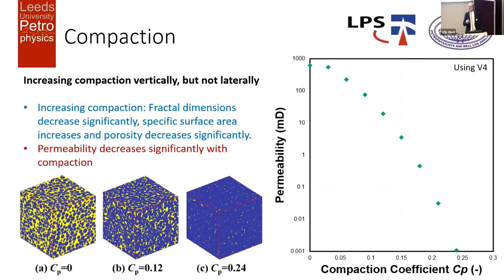So compaction matters. That matters more than sorting. So if your original depositional rock has bad sorting, it's not necessarily a bad thing. What really matters is what sort of compaction it undergoes afterwards, or diagenesis if you're looking at a limestone.